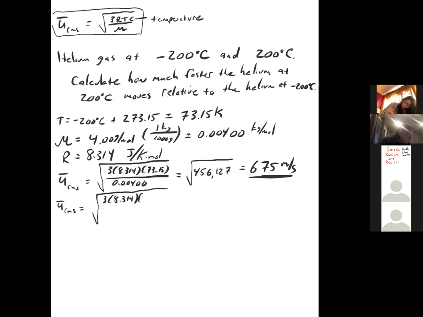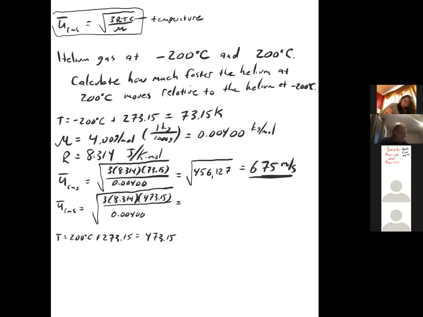Now we're doing 200. I didn't do that conversion yet, right? So if the temperature equals 200, you've got to add 273.15. You get 473.15. Divide that by the molar mass.